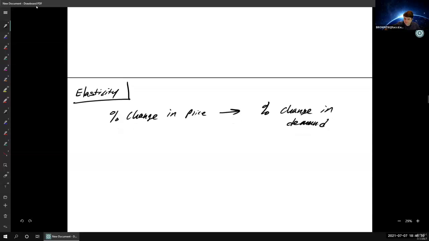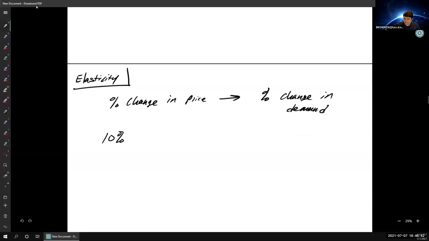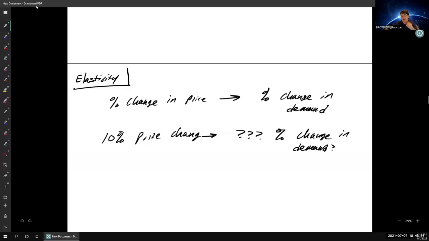An example would be, if I change the price by 10%, that leads to how much of a percent change in demand? That's the question elasticity is asking. If we have a price change, not just what does it affect the demand, but how much, what percentage, the relative change.